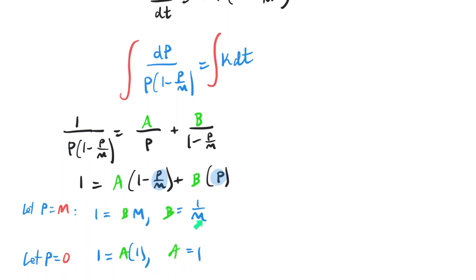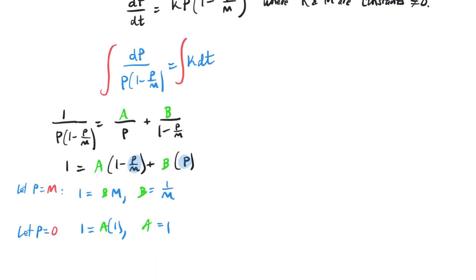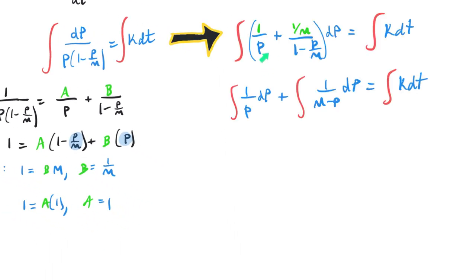All right, we can now change this integral to an integral of a sum or difference of fractions, now that we know A and B. So the integral of the sum is the sum of the integrals, and 1 over M divided by this difference is the same as 1 over M times this difference, which is M minus P. And remember that M is just a constant, like the number 7 or the number 3.